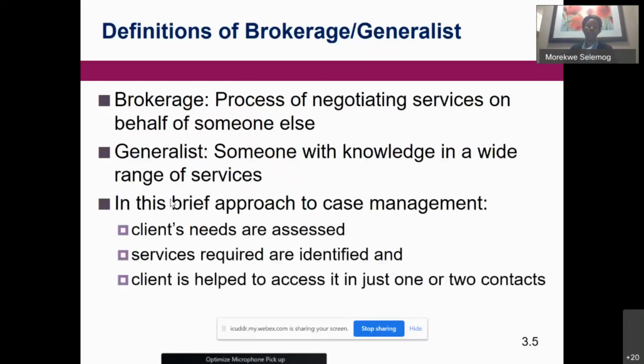Now, coming to the brokerage model, first, the definition of brokerage, what is it? It's a process of negotiating service on behalf of someone else.